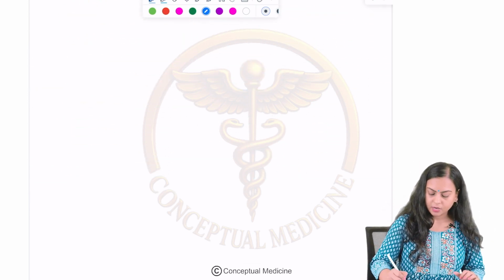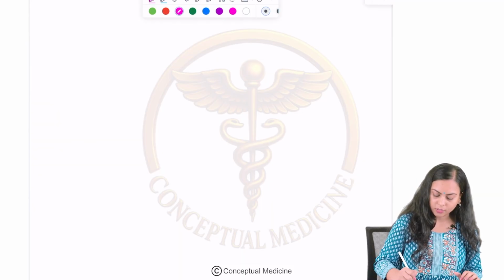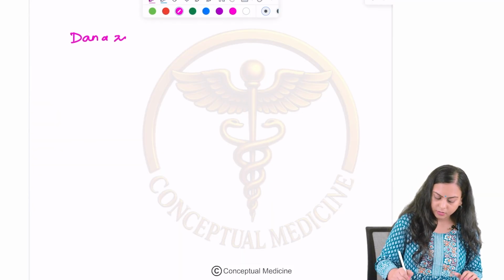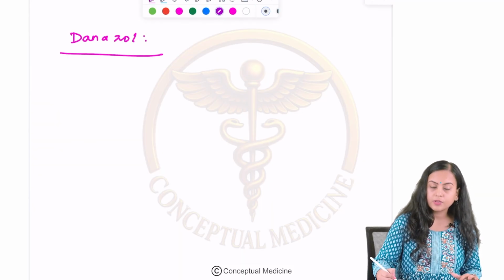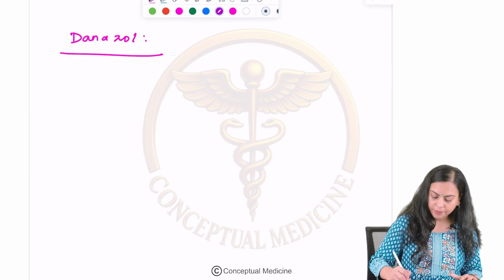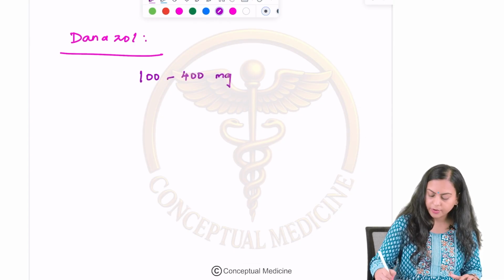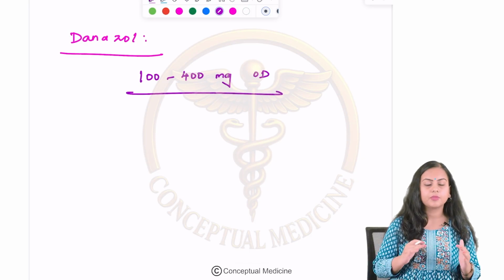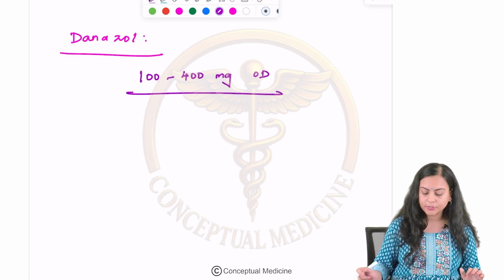Clear? Let's see about danazol. In heavy menstrual bleeding, danazol is given at a dose of 100 to 400 milligram orally daily, or it can be divided into multiple doses also.